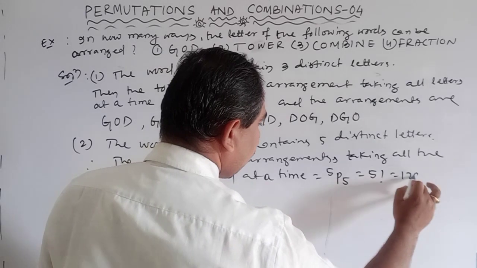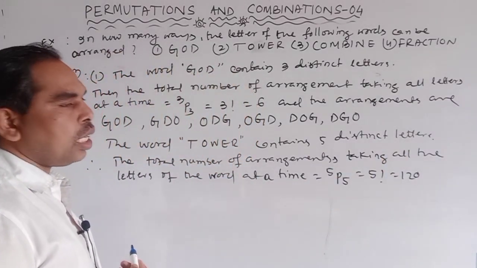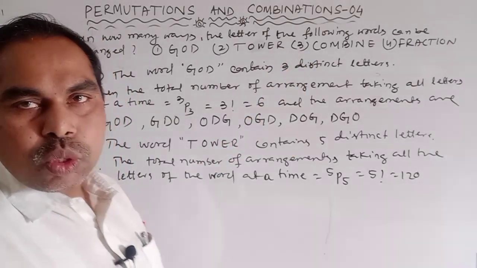That means 120. So 120 words can be formed using the letters of the word tower. Okay. Similarly, we can do question number 3 and 4.